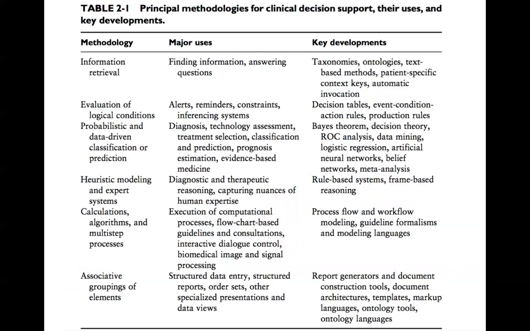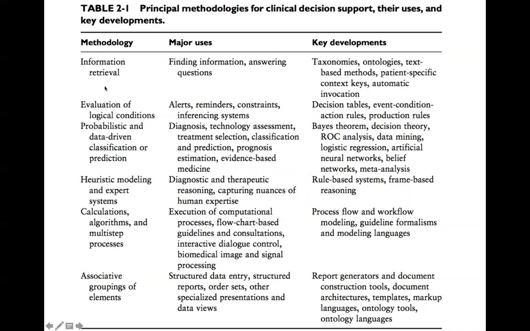table, and I put it everywhere, because we can utilize IT technology for the different methodologies for clinical decision support. Based on the complexity of the algorithm behind, there are simple ones and complicated ones.